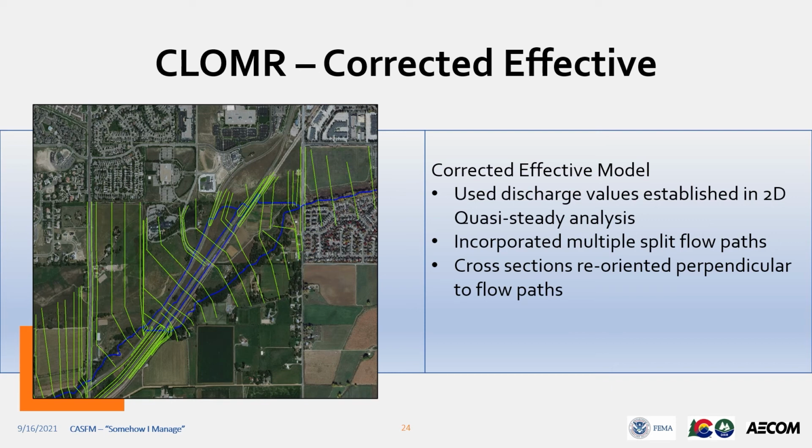We used the discharge values established in the 2D steady analysis and incorporated the multiple split flow paths. I believe there are 3 that you can see running between the roadways. We also reoriented our cross-sections perpendicular to those flow paths. Ultimately, this CLOMR was accepted by FEMA and is a good example of how these different methodologies work together within the context of FEMA's guidance and their general favoritism to unsteady.